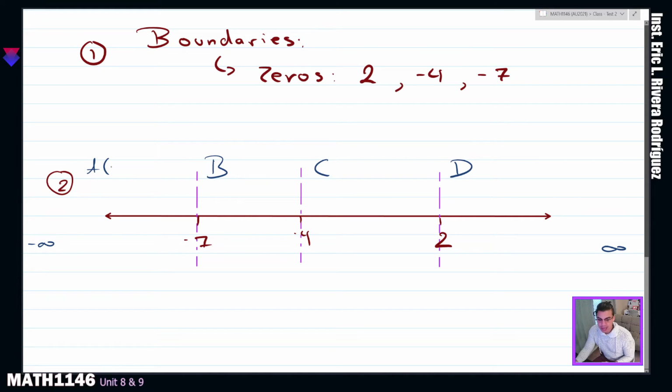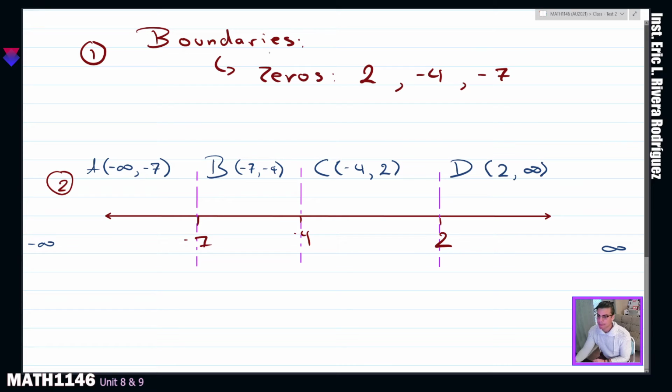So region A goes from -infinity to -7, and I'm not going to include -7. B goes from -7 to -4. C goes from -4 to +2, and D goes from 2 to +infinity. Okay, that way I'm visualizing all my regions and the numbers that are contained in those regions.